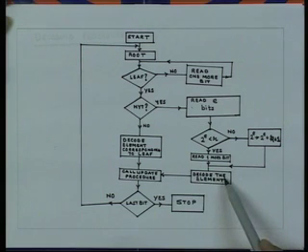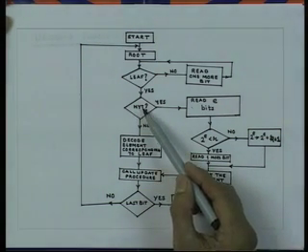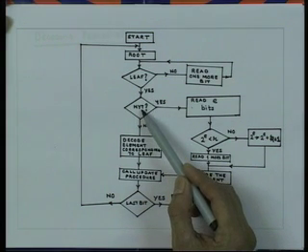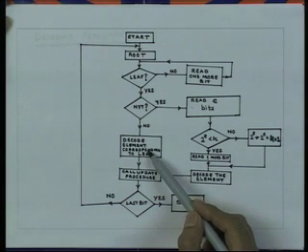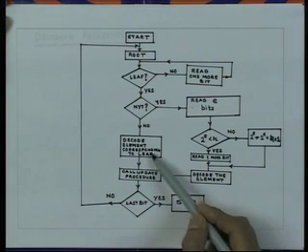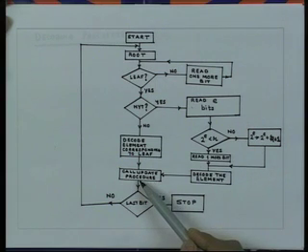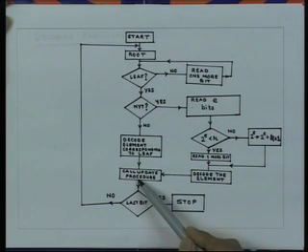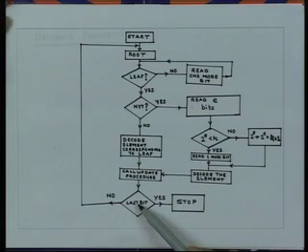After you have decoded the element, call the update procedure. If the leaf is not the NYT node, then decode the element corresponding to that leaf and then again call the update procedure. Now check if this is the last bit in the string of the transmitted sequence.